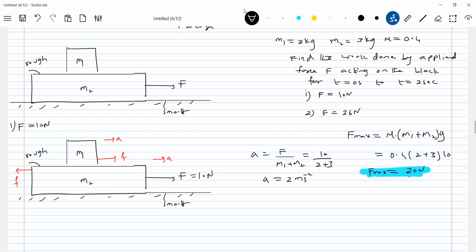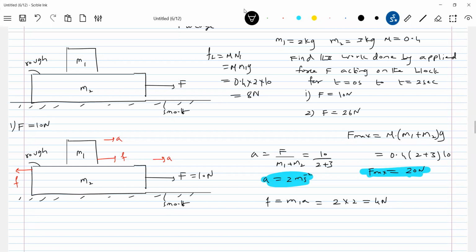Okay, this is the acceleration. Then let's calculate the frictional force. F equal to M1A. This will be 2 into 2, 4 Newton. What is the limiting friction? Mu N1. Limiting friction equal to how much? 0.4 into 20 is 8 Newton.